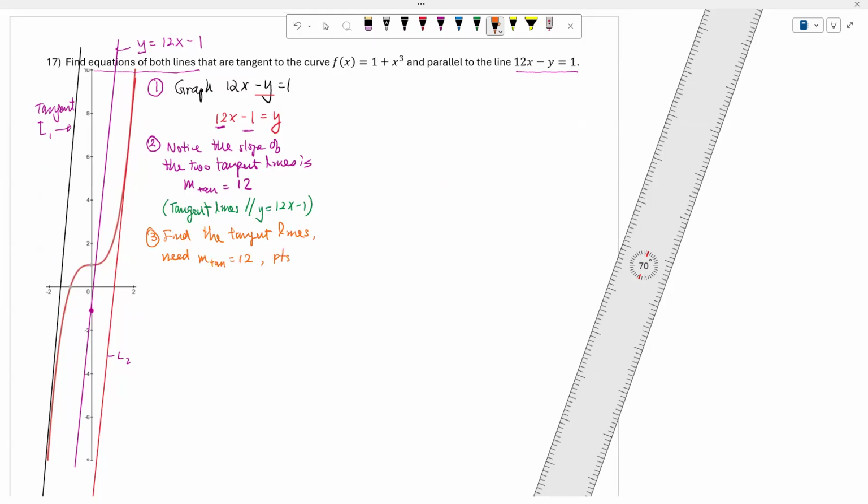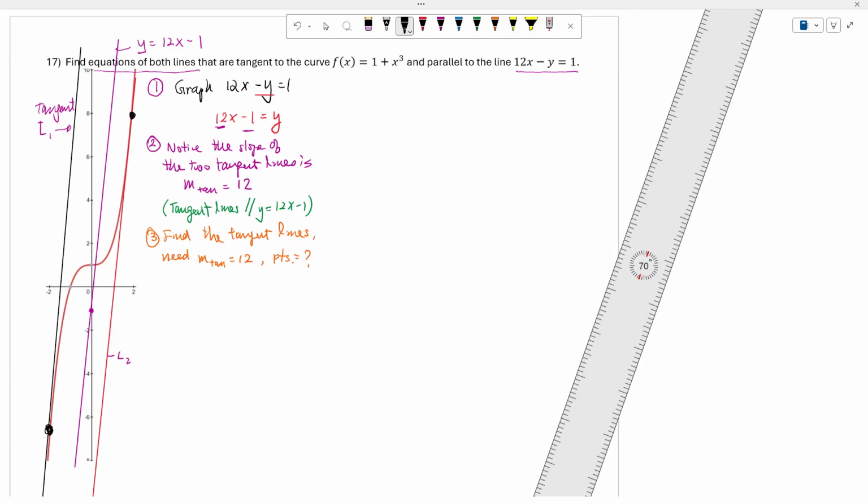Then we also need points. Now we don't know the points, but I know that it is somewhere. Let me guess, somewhere here and somewhere here is actually touching the curve.